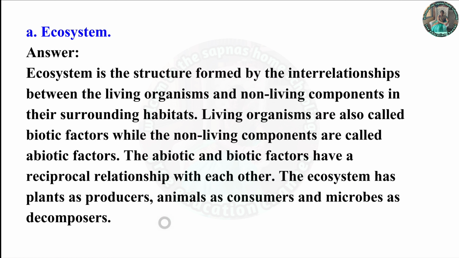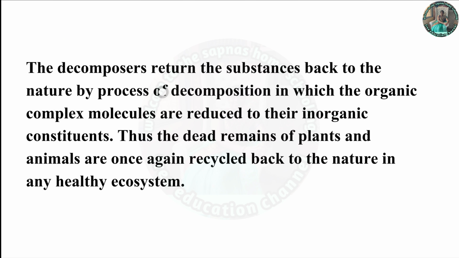The ecosystem has plants as producers, animals as consumers, and microbes as decomposers. The decomposers return the substances back to nature by processes of decomposition in which the organic complex molecules are reduced to their inorganic constituents. Thus, the dead remains of plants and animals are once again recycled back to nature in any healthy ecosystem.